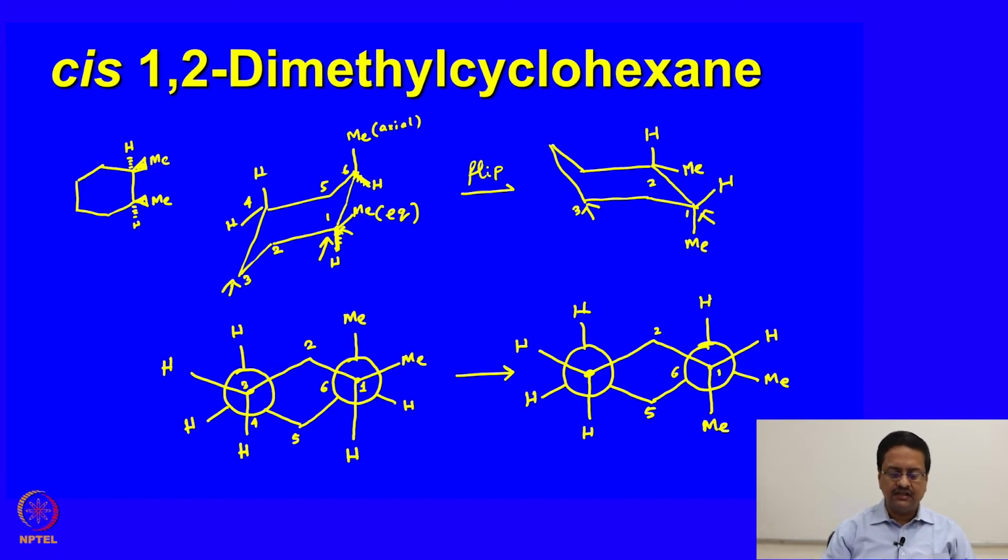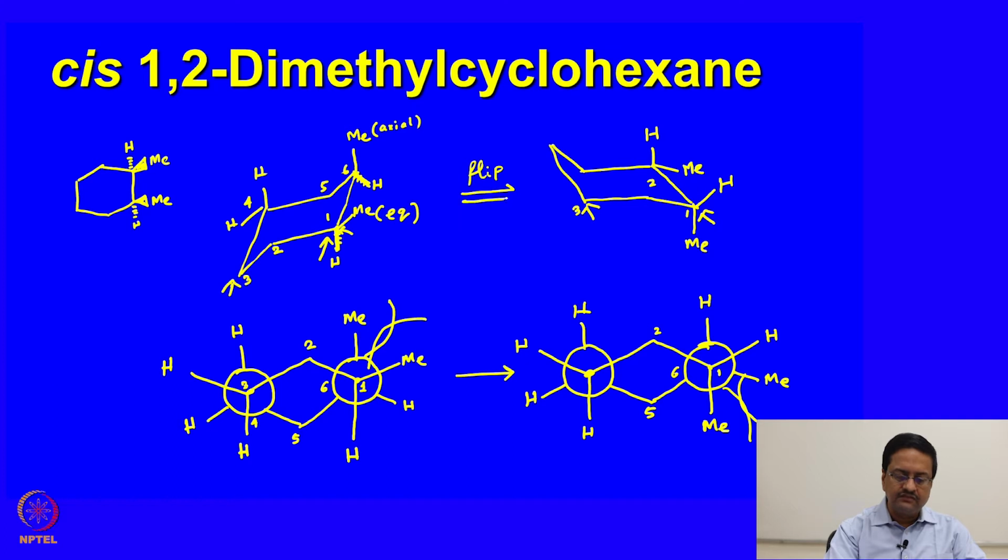Now if we try to remember our understanding with butane, we had the n-butane gauche interaction due to the presence of two methyl groups in the gauche position at the 60-degree interaction. That interaction is present in both the conformations.